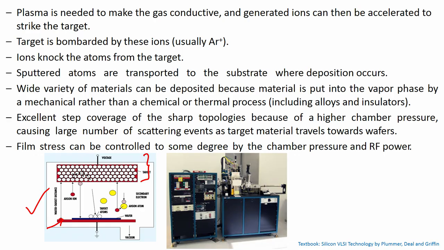When we apply a very high voltage and introduce argon, the plasma is needed to make the gas conductive, and the generated ions can then be accelerated to strike the target. The target is bombarded by these ions, usually argon plus.